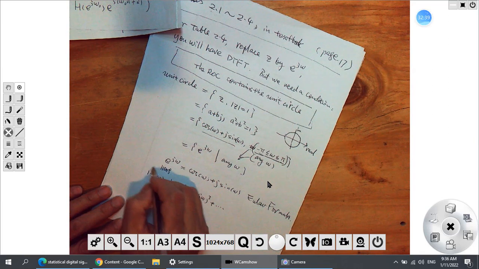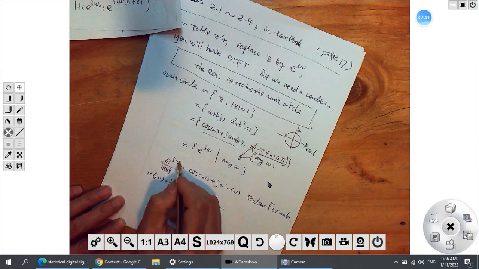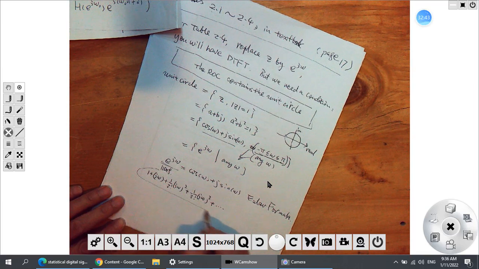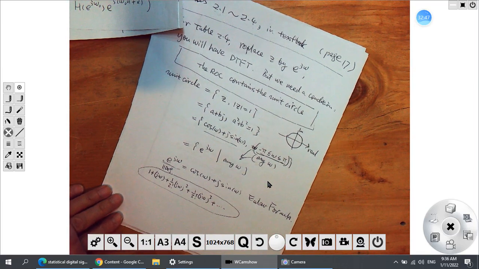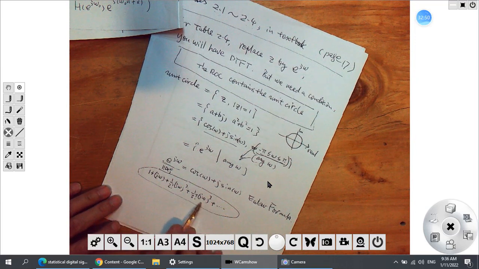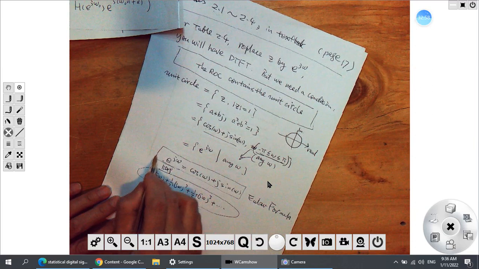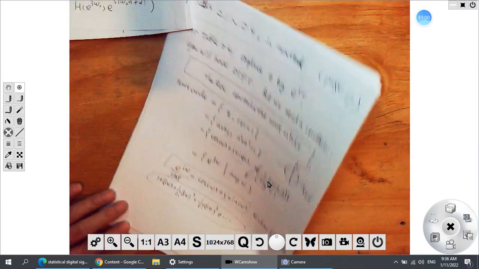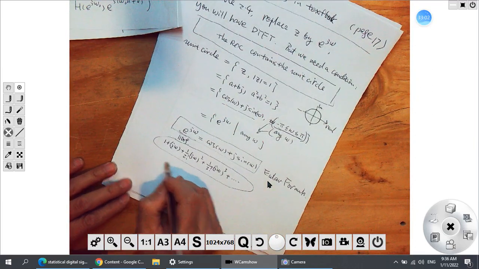By definition, the exponential power of j omega is defined this way. This is an infinite series, and Euler proved these two are the same. So now we use this. Actually, we use this formula in a lot of places.